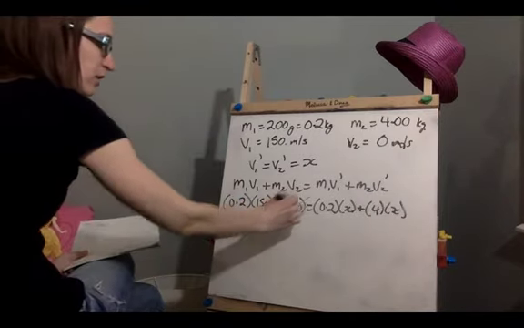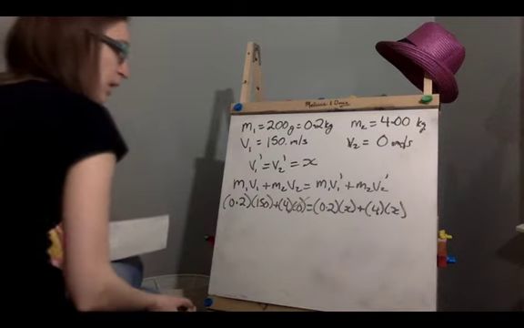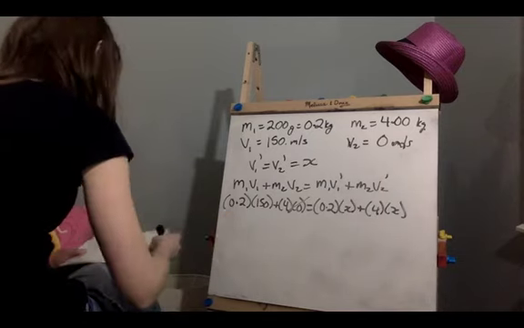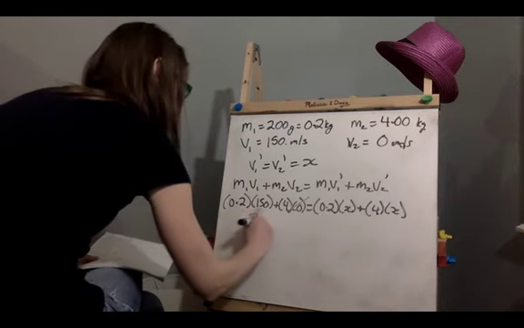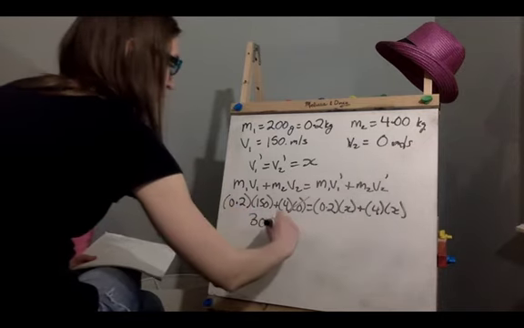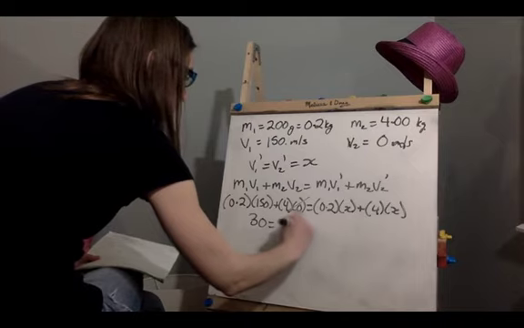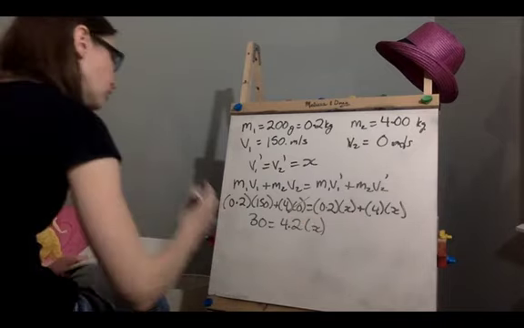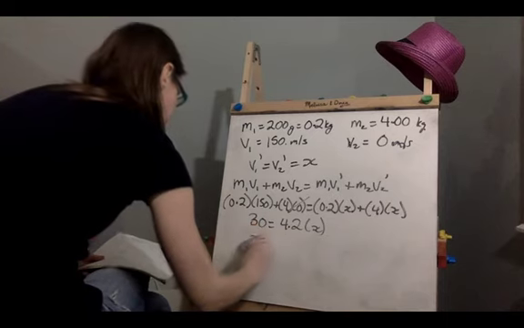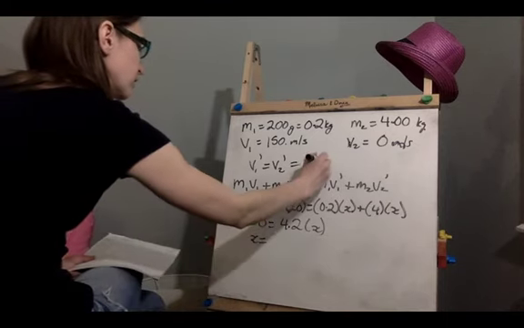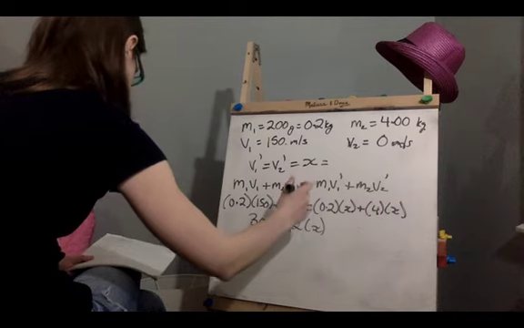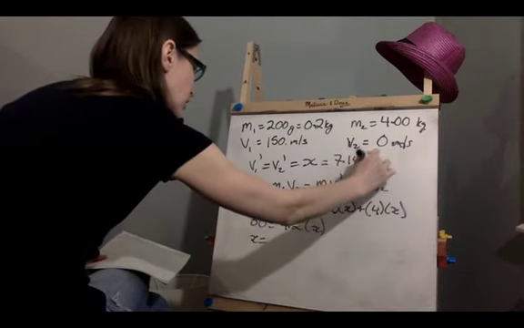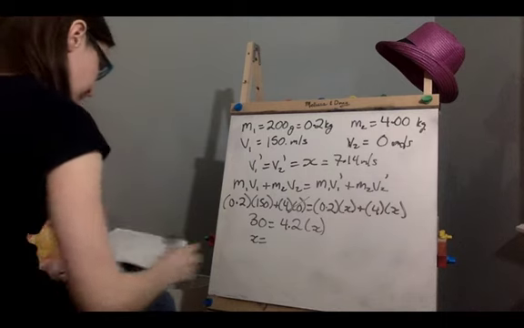What we can do here is multiply these values and get 30. Add like terms here and get 4.2 times x, then divide both sides by 4.2, and we get a value of x, our final velocity of the system, of 7.14 meters per second.